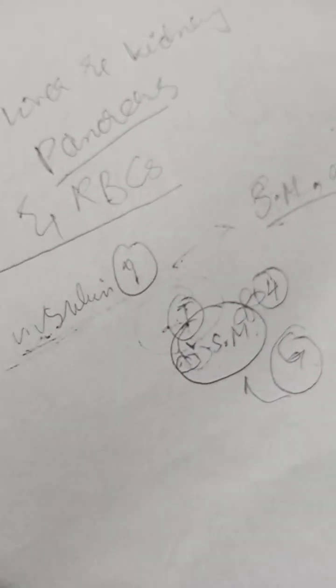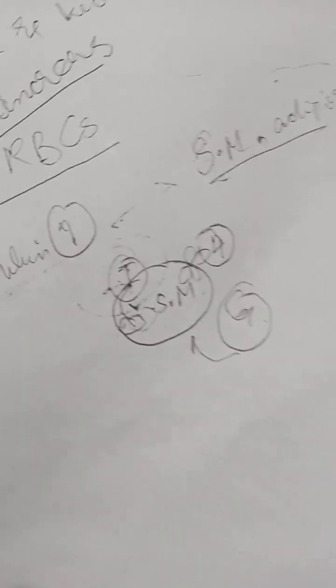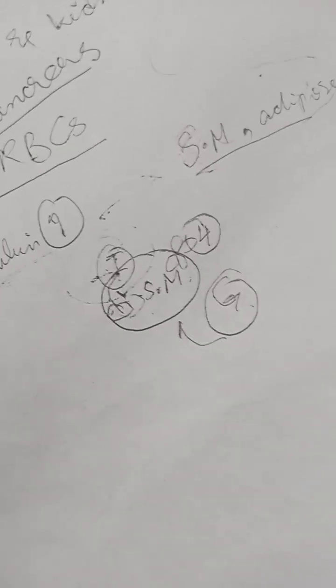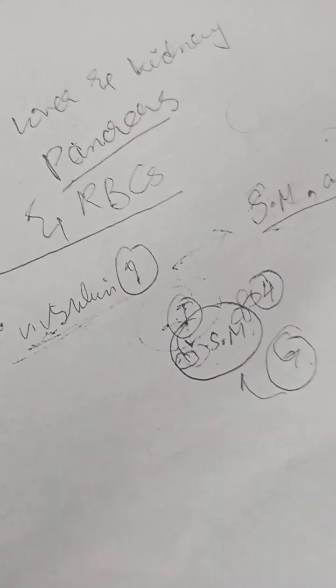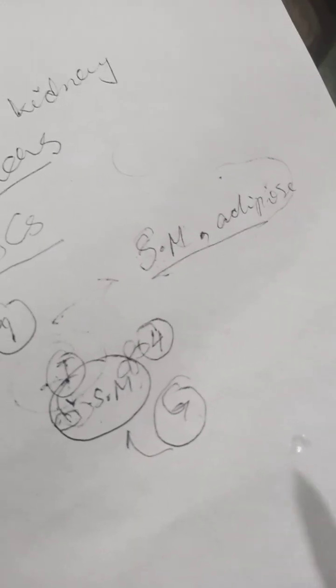So this can clarify the function of the insulin also. Insulin works for the reduction of the glucose in the blood, and that glucose goes to the cells of what? The skeletal muscles and adipose tissue, which are known for the storage of the extra glucose.